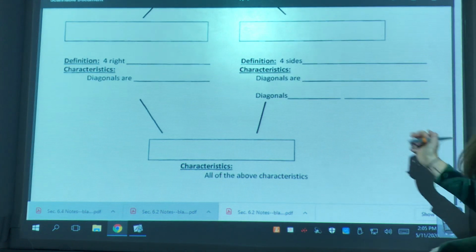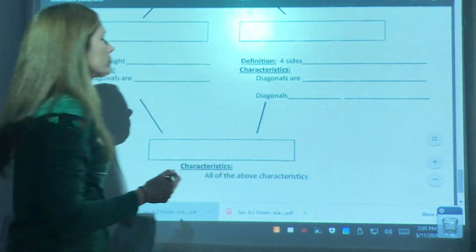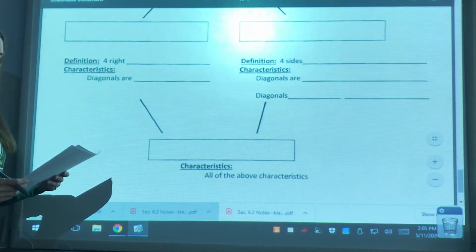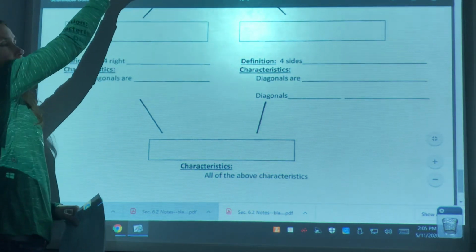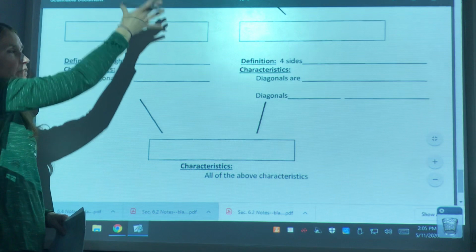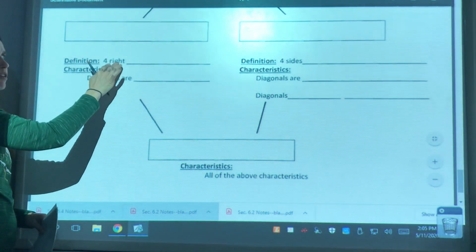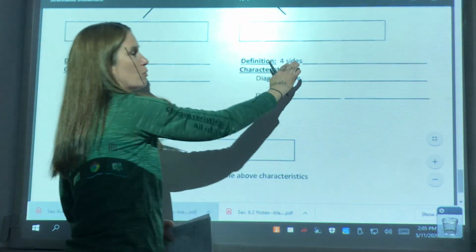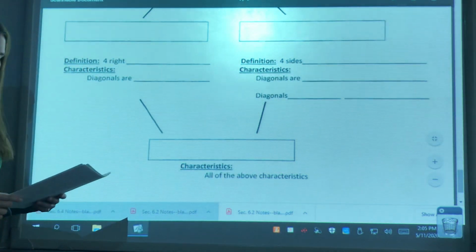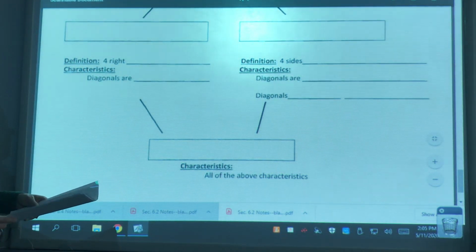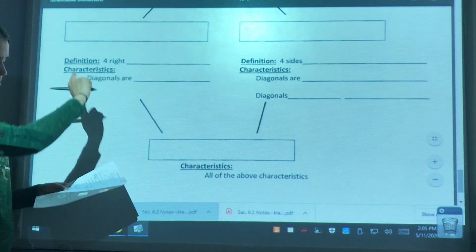If you see, we had parallelogram, and then branching from parallelogram are two shapes here. This is talking about four right something and then four side something, so I have to use the key things here to help figure out which one goes in which spot.